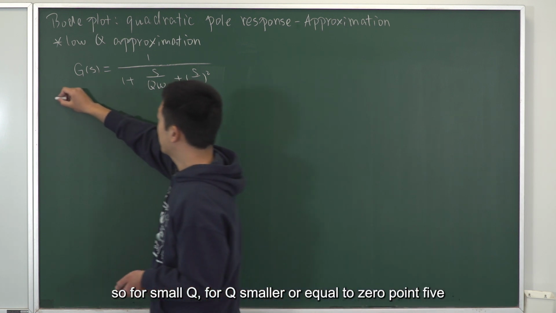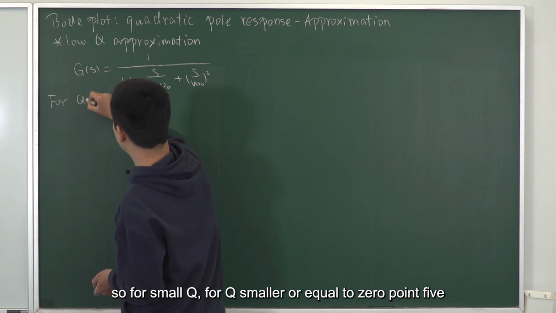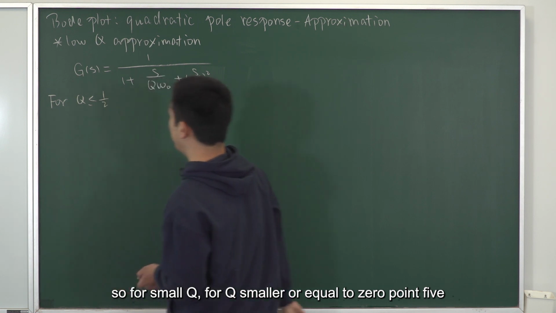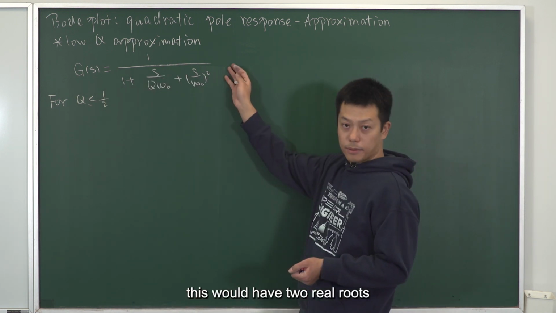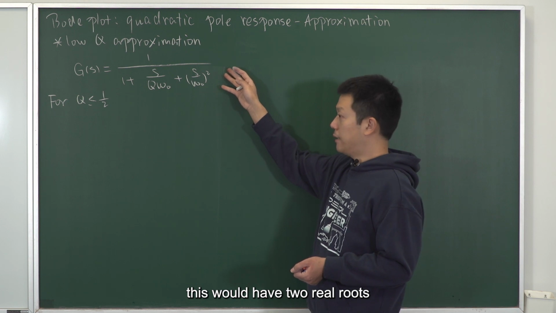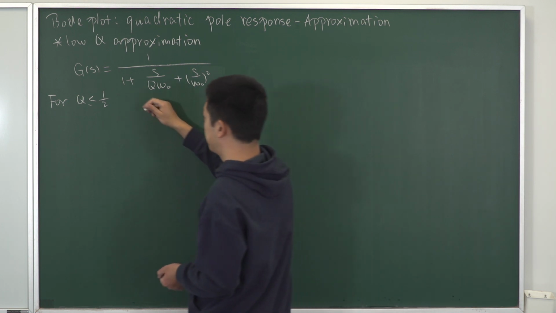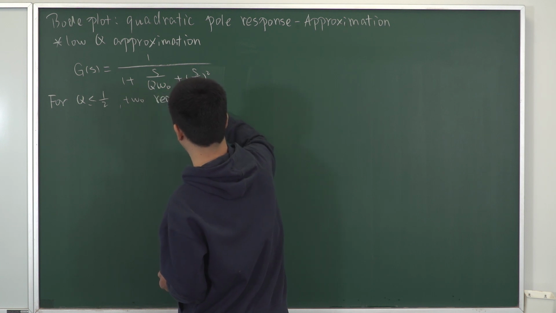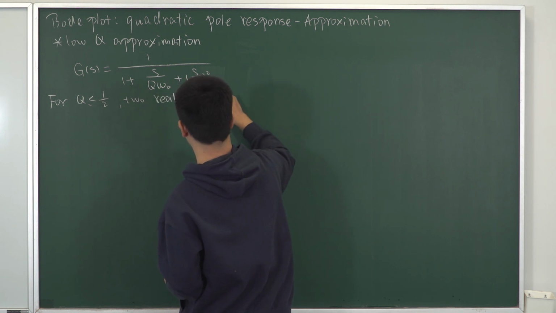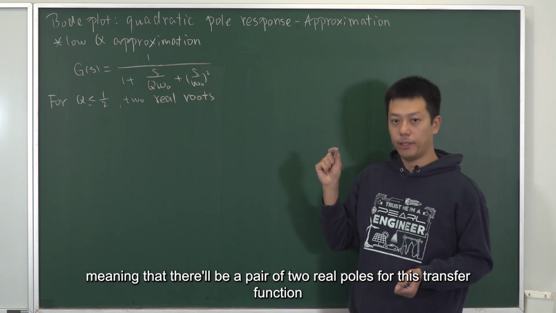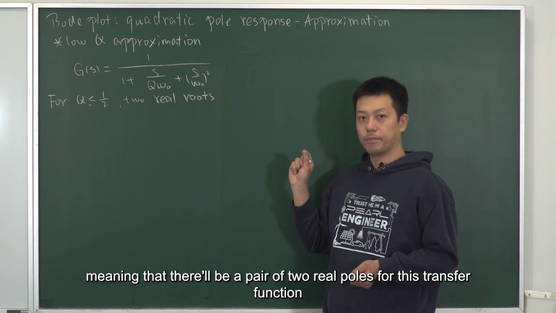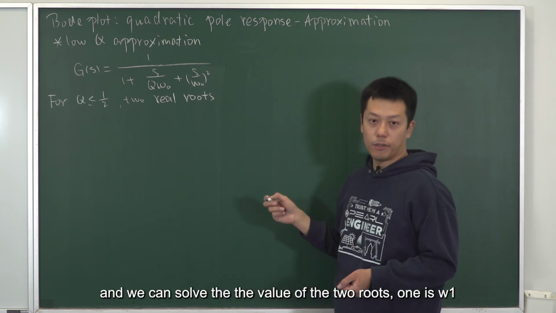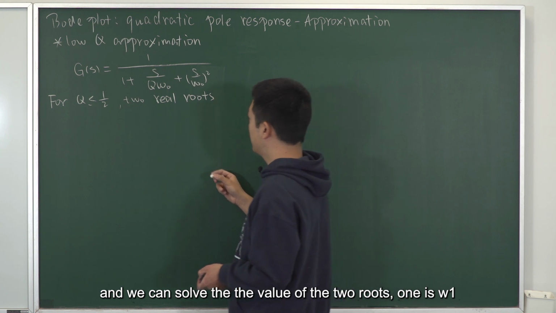So for small Q, for Q smaller than or equal to 0.5, this would have 2 real roots, meaning there is a pair of 2 real poles for this transfer function. We can solve for the value of the 2 roots.